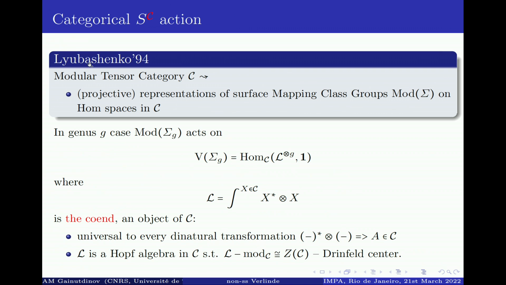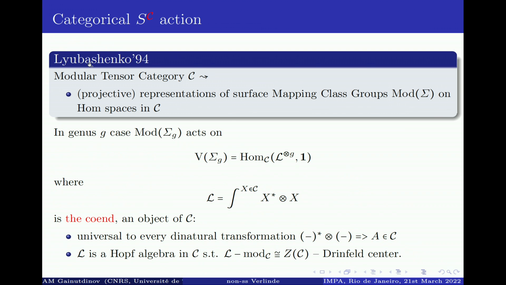if the category is braided, and this is our case, it has a Hopf algebra structure in the category. So in every modular tensor category, we know that it exists, and actually we have full control on this object. So we have such a canonical, or universal, Hopf algebra object.